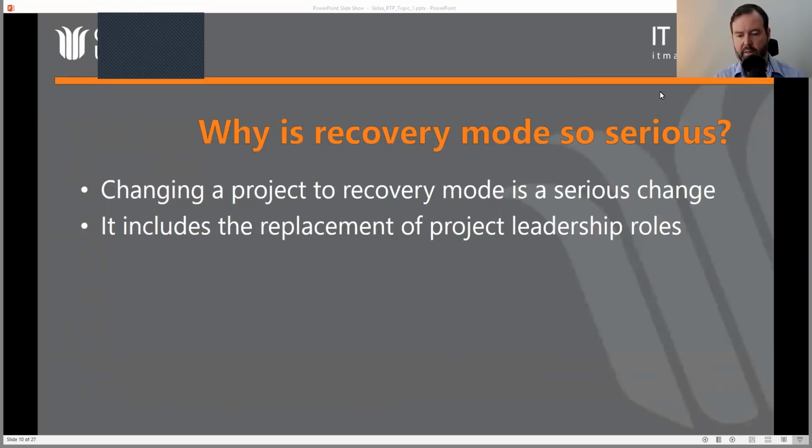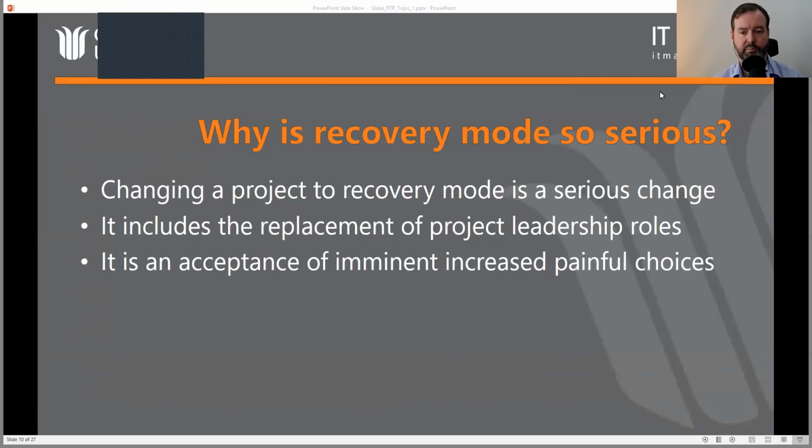You may find that other leadership, management, or senior roles within the project will get changed. It doesn't mean that everybody's out the door and a whole new bunch of people come in. It might mean that a lot of people are still involved, but in a different capacity, in a different way, doing different things. But it means that there is an open acceptance of major structural change in the leadership of the project. It means that we're also accepting that we're probably going to have to make some immediate and some painful choices. And often projects get into a red state because these painful choices haven't been made.